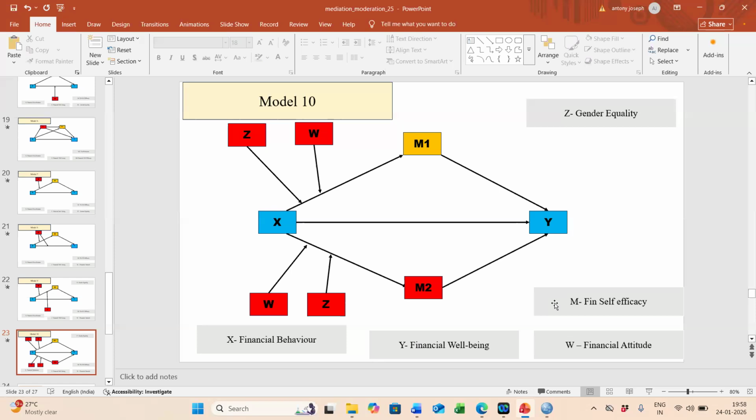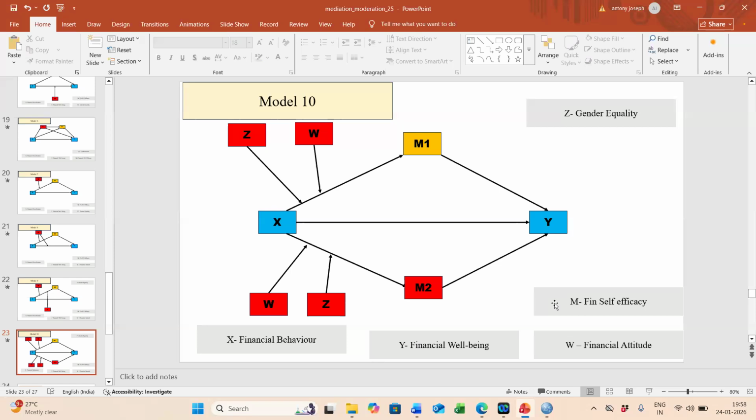So many articles are saying financial self-efficacy is a mediator between financial well-being and financial behavior. Some others are saying it's an independent variable influencing the relationship between behavior and well-being. So what you actually believe and what you actually argue, that's the question.